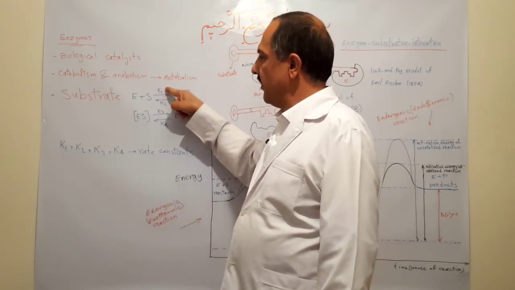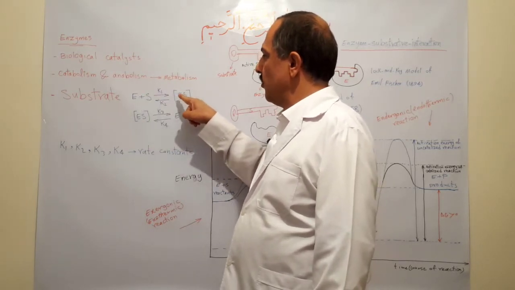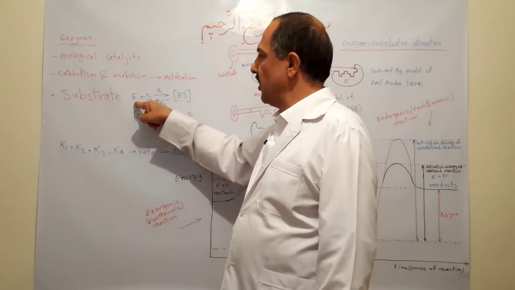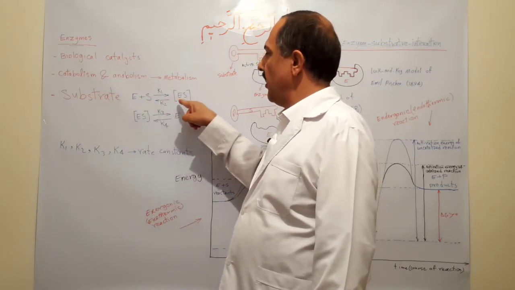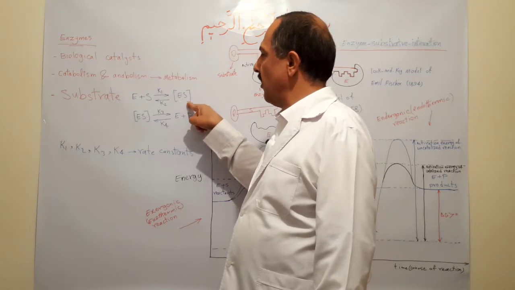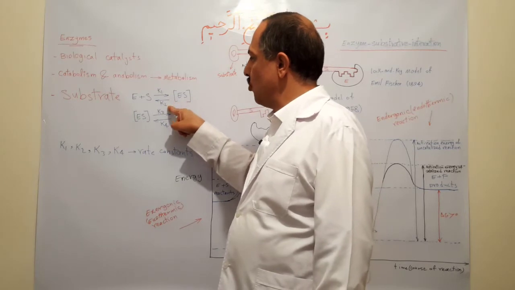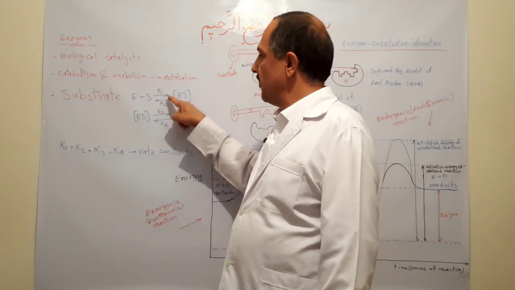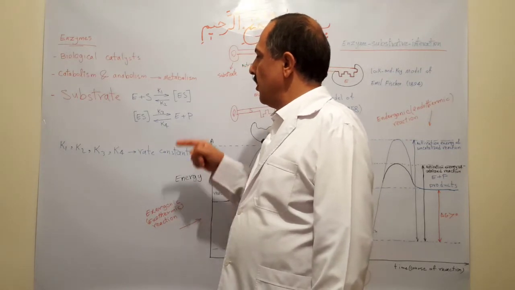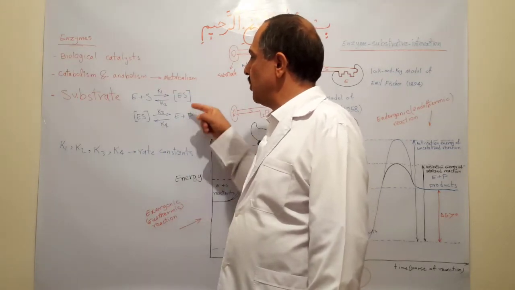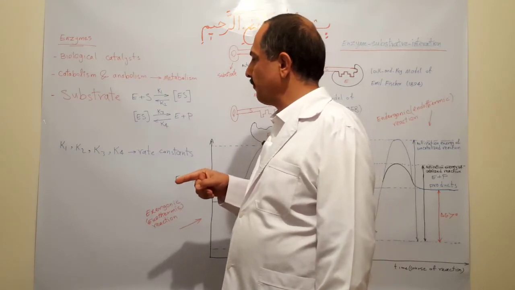If K1 is greater than K2, the reaction proceeds toward the association of enzyme and substrate molecules and production of enzyme-substrate complex. If K2 is greater than K1, the reverse reaction proceeds toward the dissociation of enzyme-substrate complex.